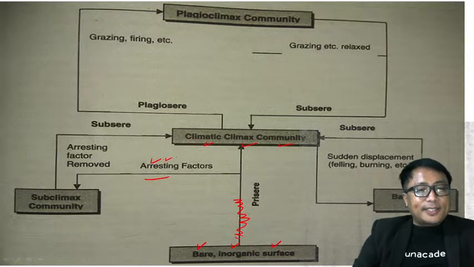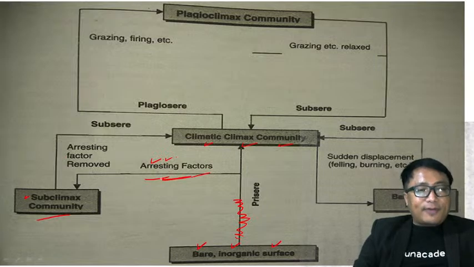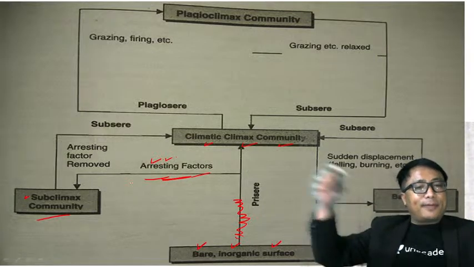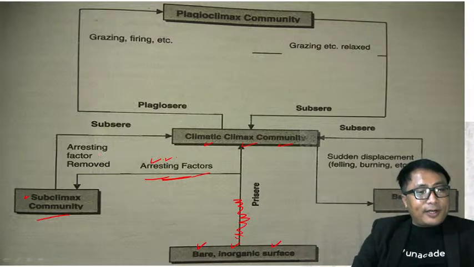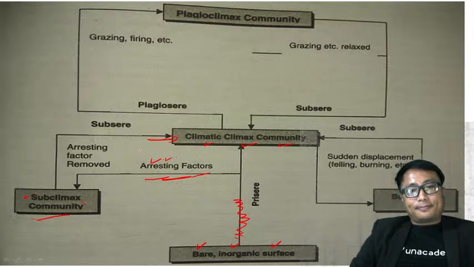If there is some arresting factor in the normal cycle of this ecological succession, it goes to this subclimax community, like the plagioclimax. Now, if I remove the arresting factor, it will proceed naturally to the climax stage. Therefore, if I remove it in the subclimax community, then it will go to a climax community.